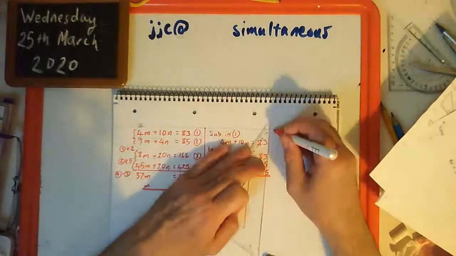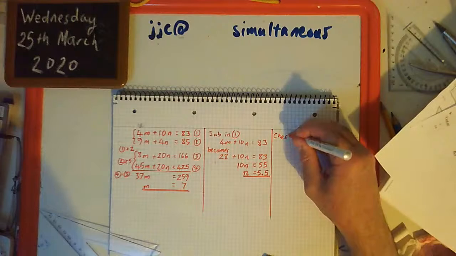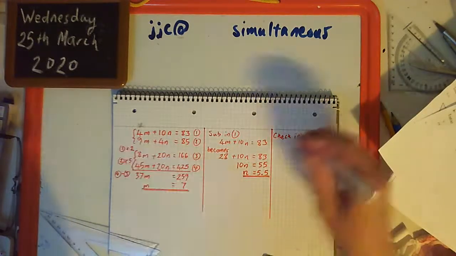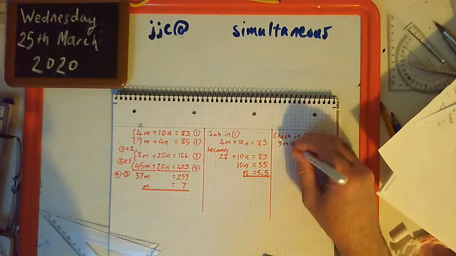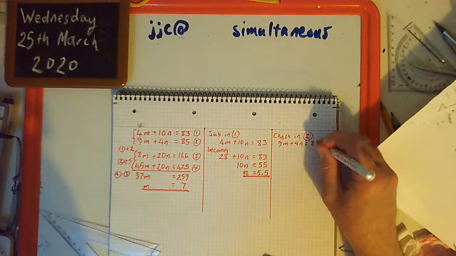So I've got my answers, but always good practice for the last step to check in the other equation, equation 2. So equation 2 was 9m plus 4n equals 85.